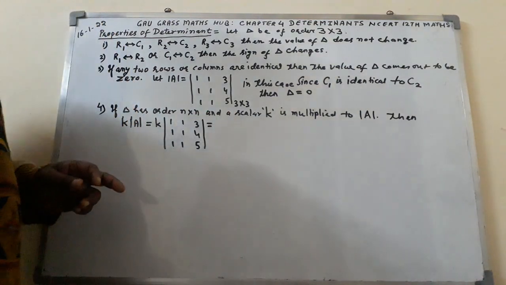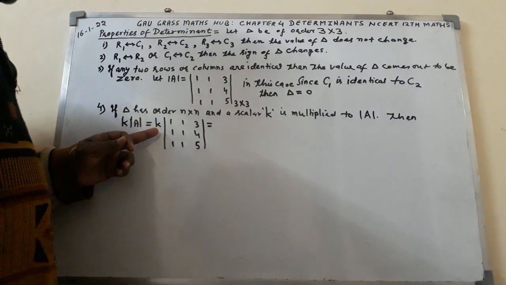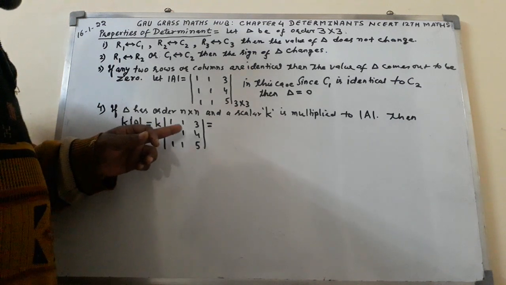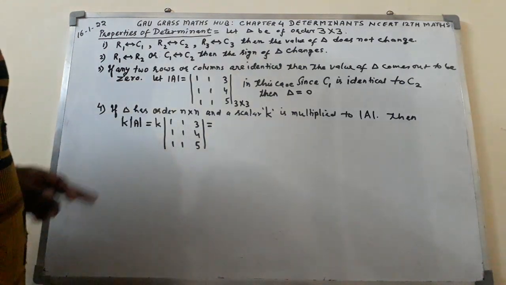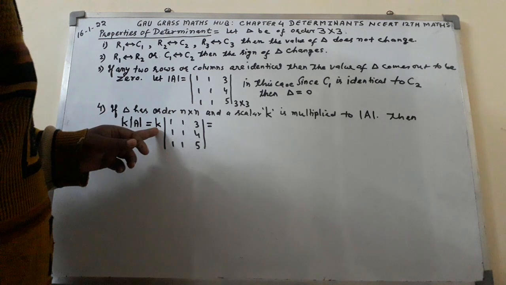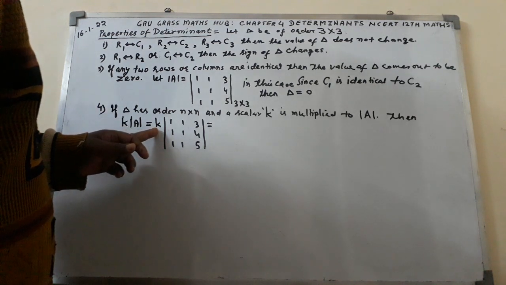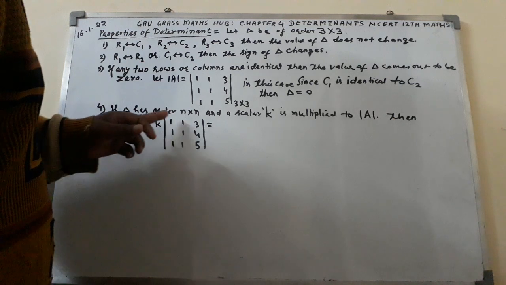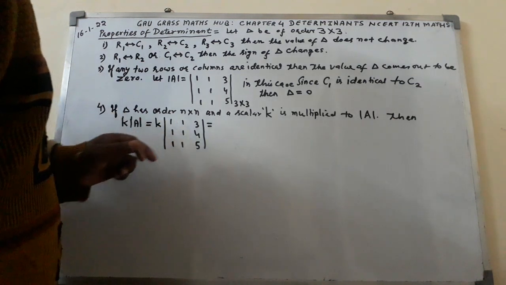Then a scalar k is multiplied to determinant A. In this case, k will multiply to only any one row or only any one column.